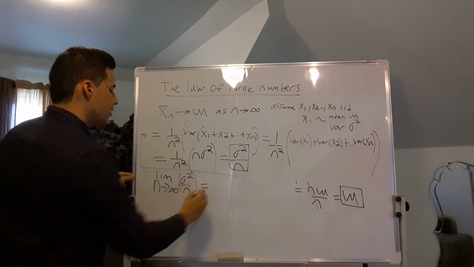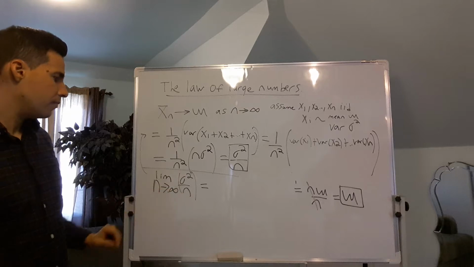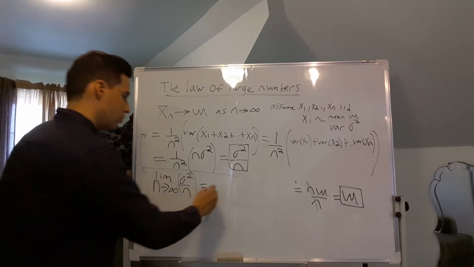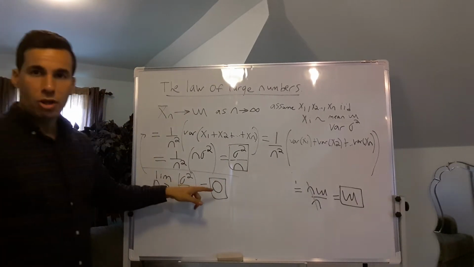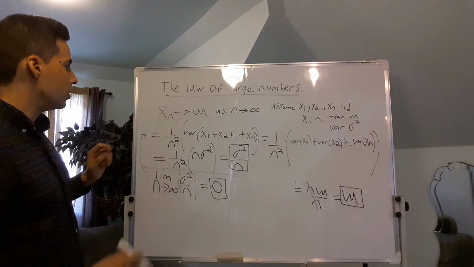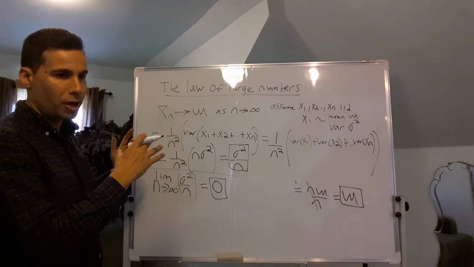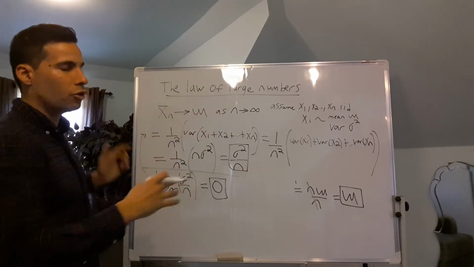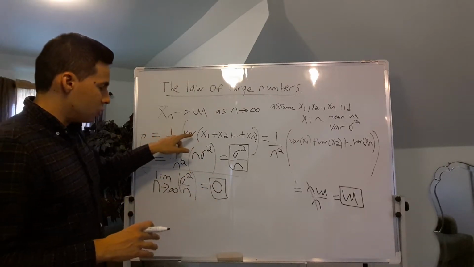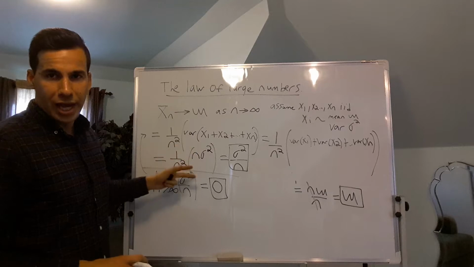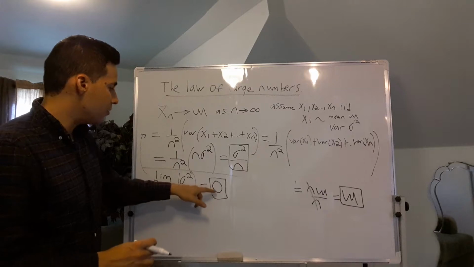Since n is in the denominator, when n becomes very large, sigma squared, which is a constant, over something going to infinity, is going to approach 0. This limit approaching 0 tells us that when you're taking an average of n random variables, as the number of variables gets larger and larger, the larger sample you're taking, this is called a sampling distribution. It doesn't matter which sample you take. Between every sample you're taking, there's going to be the variance.